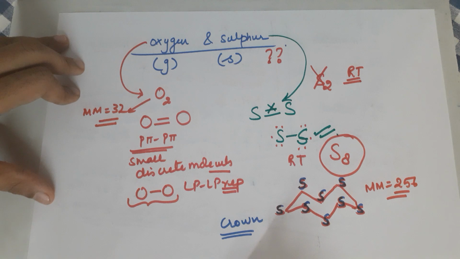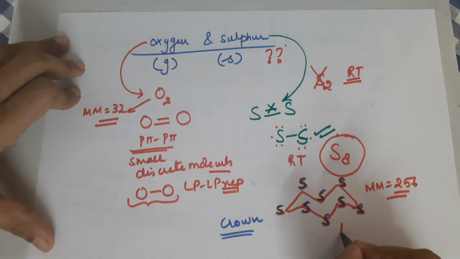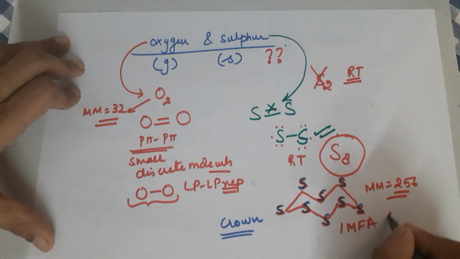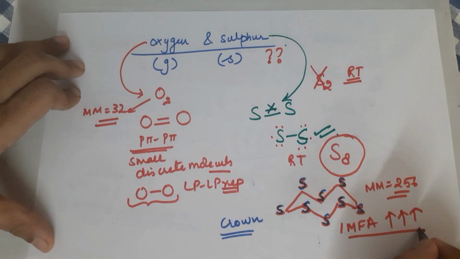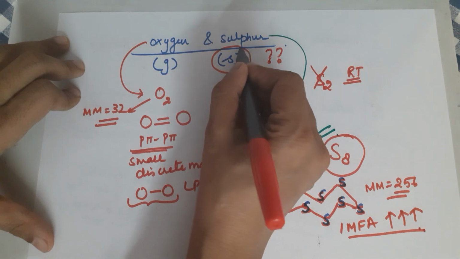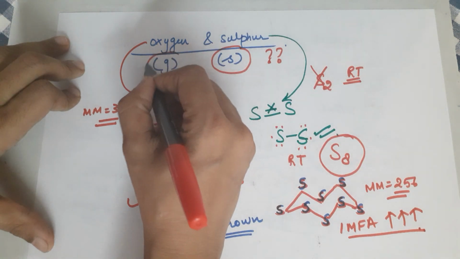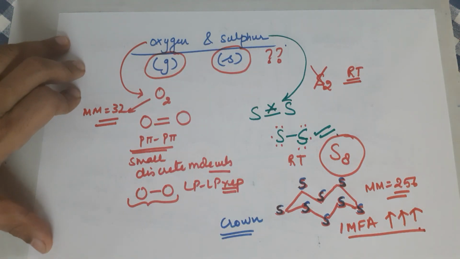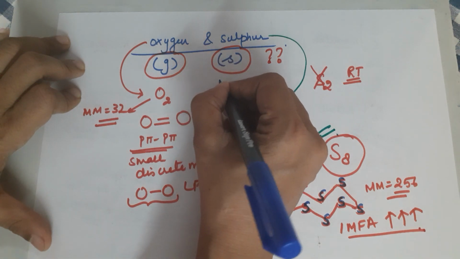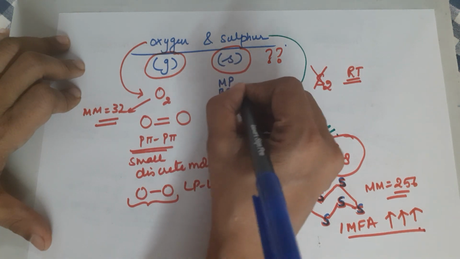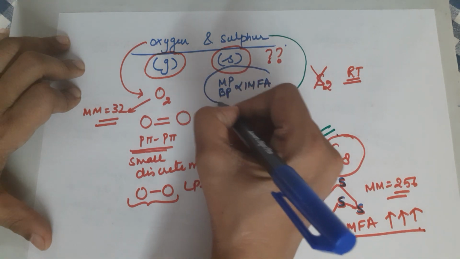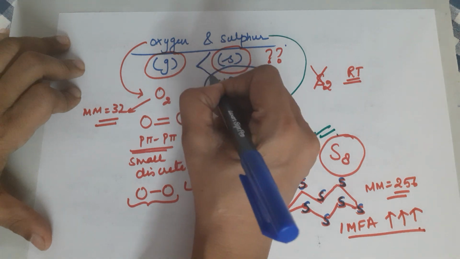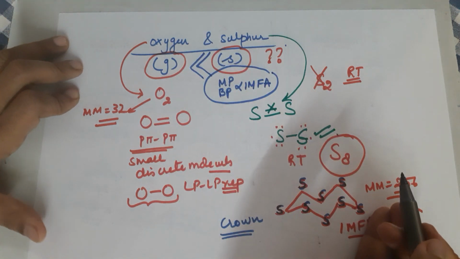Since the size is large and the molecular mass is large, the intermolecular force of attraction is much higher than that of oxygen, which causes the physical state to be solid in the case of sulfur, whereas oxygen is a gas. Also, the melting point and the boiling point, which are dependent on intermolecular force of attraction, are much higher for sulfur than for oxygen.